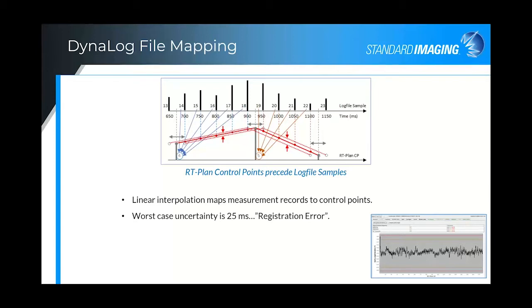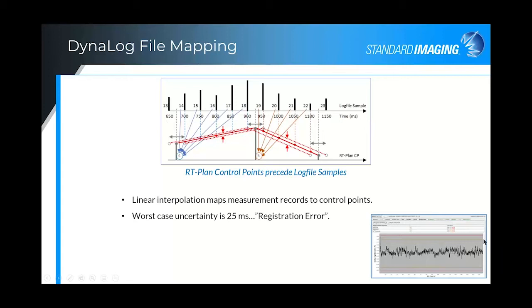The RTPlan control point is positioned, and these are the RTPlan control points on the bottom, in the center, in the middle of the interval between 2 successive log control points, and these are the log control points at every 50 milliseconds. The prescribed value of the parameters linked to each log file control point is obtained by linear interpolation between the 2 prescribed control points contained in the 2 successive RTPlan control points. So the worst case uncertainty in positioning for this case is 25 milliseconds.